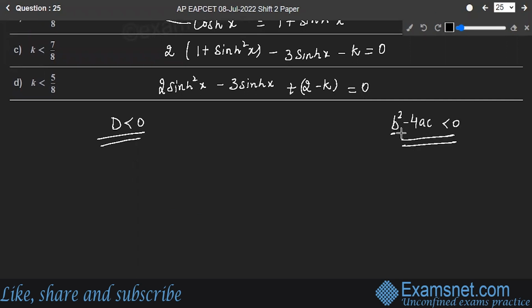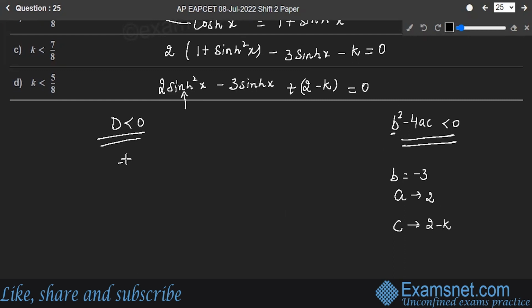b is the coefficient of x. Actually, this is the equation in sinh x. So what is b in this case? b is minus 3, a is 2, and c is 2 minus k.